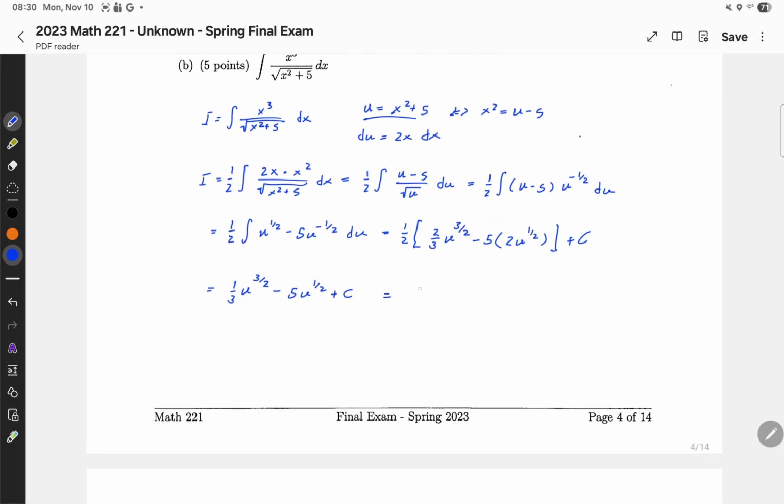So this is just going to be equal to 1/3 times (x squared plus 5) to the 3 over 2 minus 5 times (x squared plus 5) to the 1/2 plus C, and that's going to be our final answer right there.